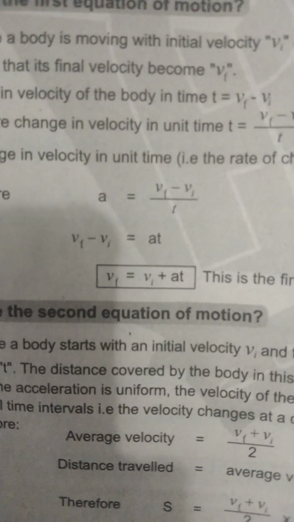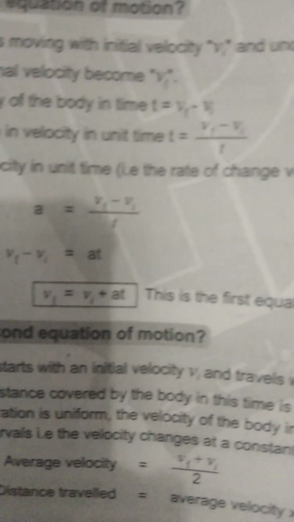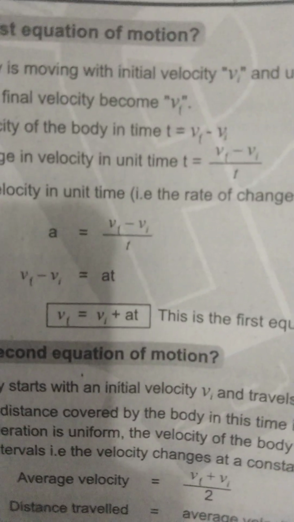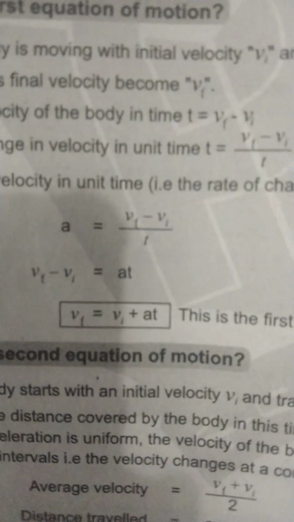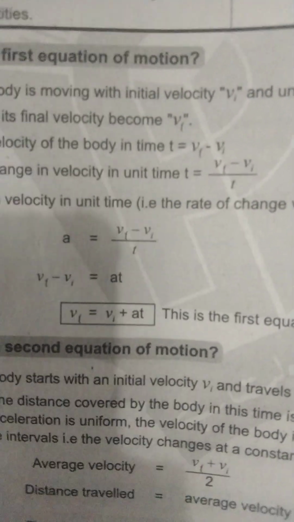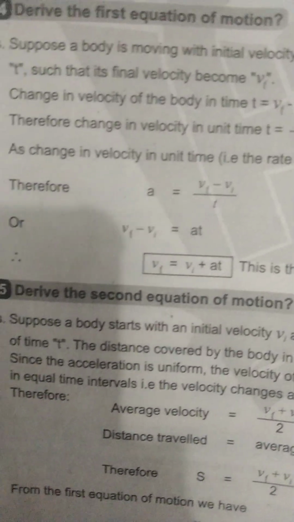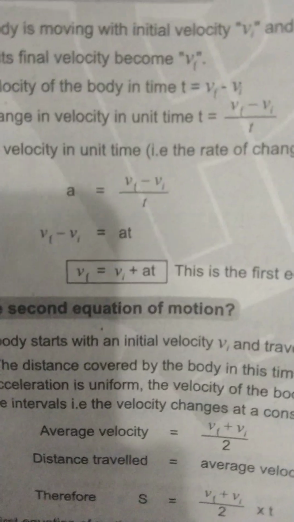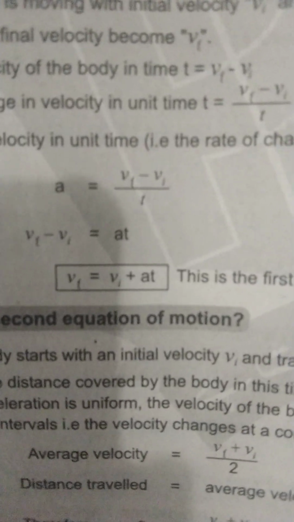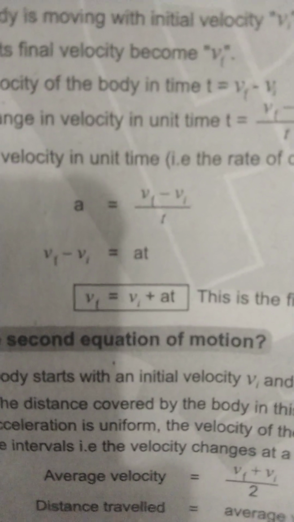Suppose a body is moving with initial velocity Vi, and undergoes some changes in it over time T. The final velocity is Vf. Then the change in velocity is Vf minus Vi, so in unit time the change is Vf minus Vi upon T. So simply A is equal to Vf minus Vi upon T. Multiplying, At is equal to Vf minus Vi.